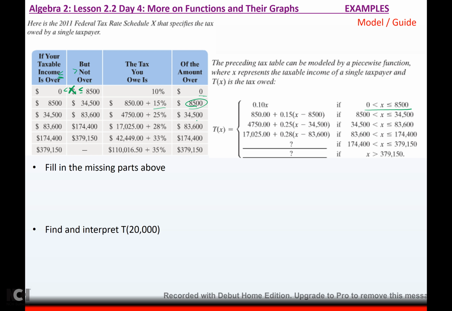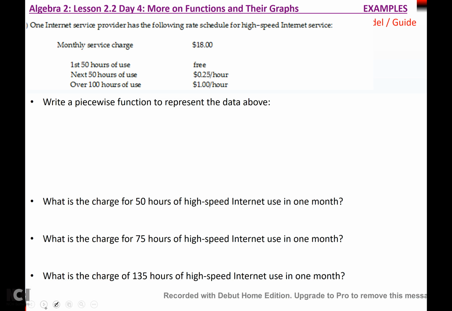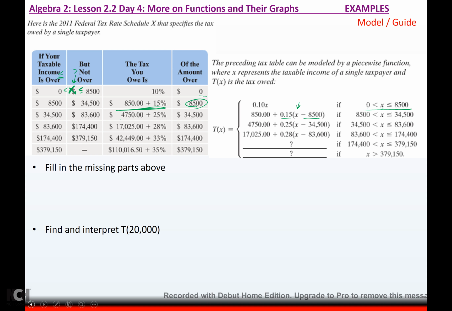So they said you're going to pay 10% of your money if your money is between $0 and $8,500. If you go over $8,500, then you move up to this tax bracket, which says you're going to pay $850 plus 15% of everything over $8,500, which means you have to take your amount and subtract the $8,500 because you're already paying the $850 tax.